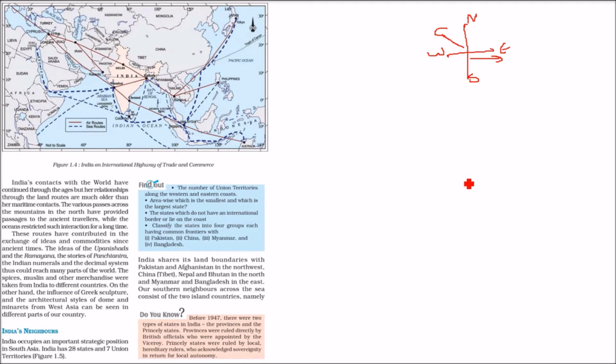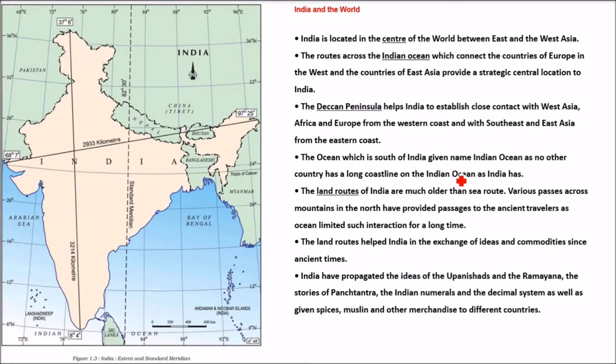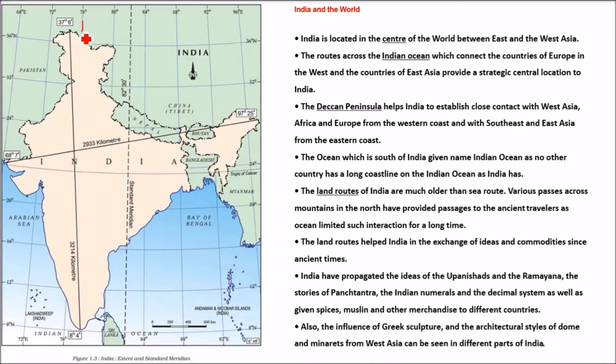And Sri Lanka, I'll just show you. Let me take you to the actual figure here. So this is north, south, east and west. In the northwest we have Pakistan, and here we have a short boundary we share with Afghanistan. Then this is Nepal, this is Bhutan and China, and also Tibet actually.